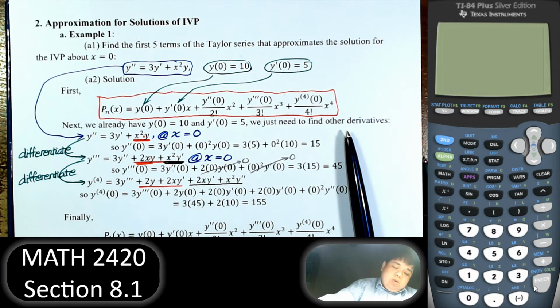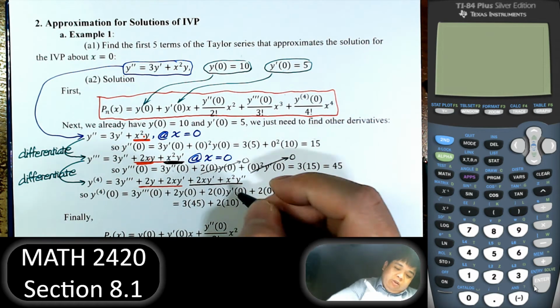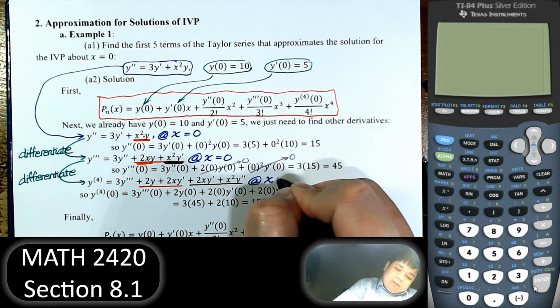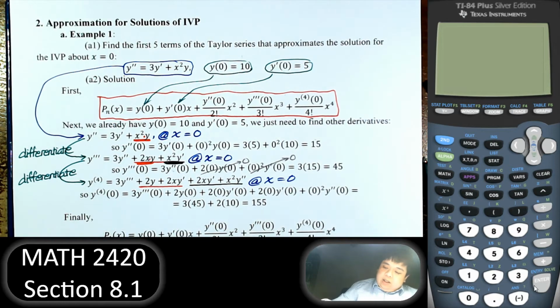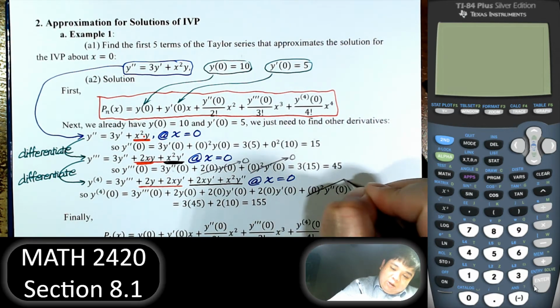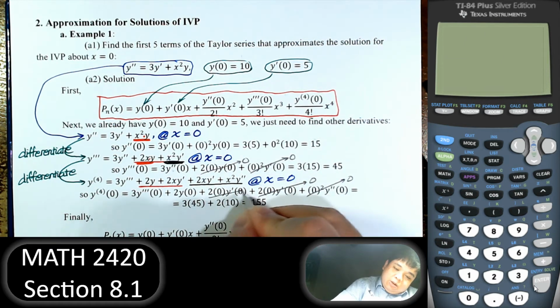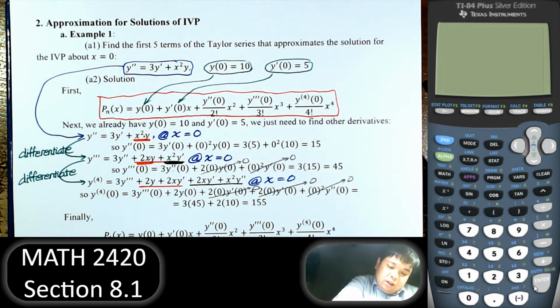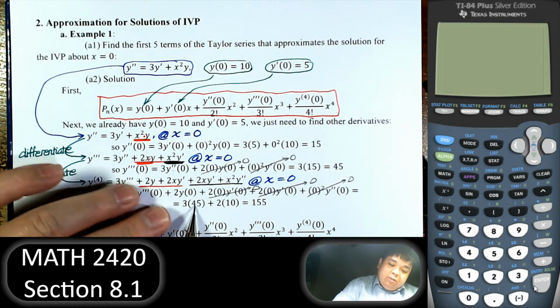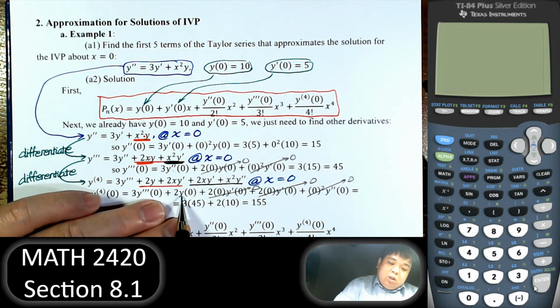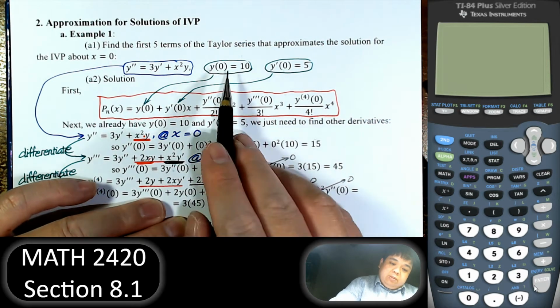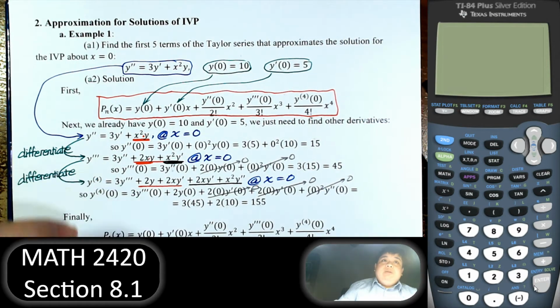And then we just put 0 in for x and the function and the derivative. We do that. Here we have 0, so that's 0. This has 0 as well. This has 0 as well. So we're left with 3 times the third derivative, 3 times 45, plus 2 times the function, and that is 155.